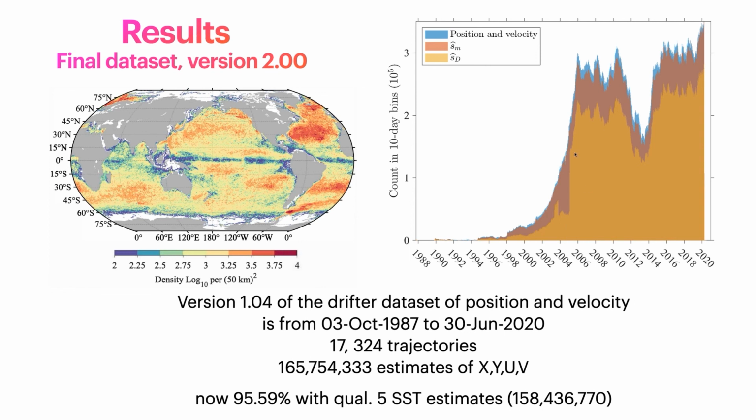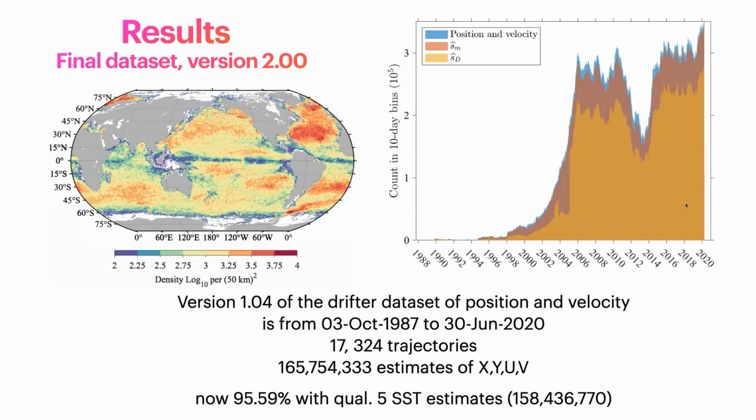Here you see a histogram of the distribution of those estimates of SST as a function of time. The total is a red histogram, and the number of diurnal estimates, which is lower than the number of total estimates, is shown here as a function of time. The reason why it's lower is because we have a different quality flag for the diurnal component than we have for the total or the non-diurnal components.